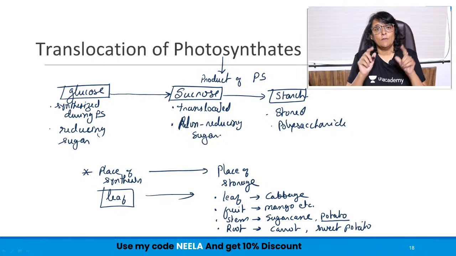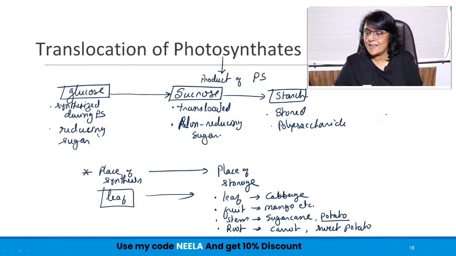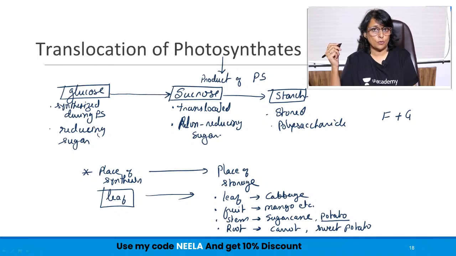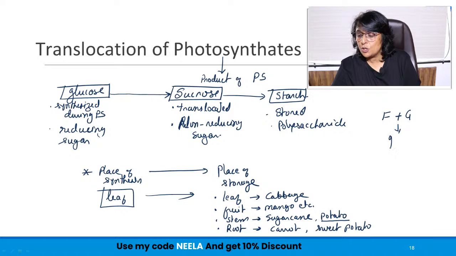And when sucrose is formed, sucrose is a disaccharide. So the disaccharide sucrose is formed by the combination of one glucose and one fructose molecule by formation of a glycosidic bond.